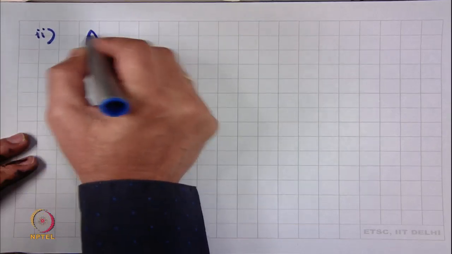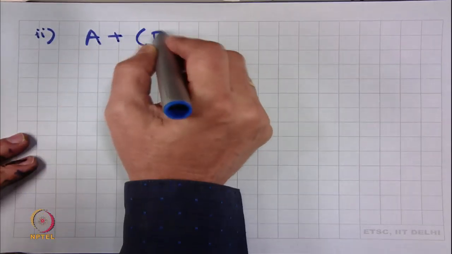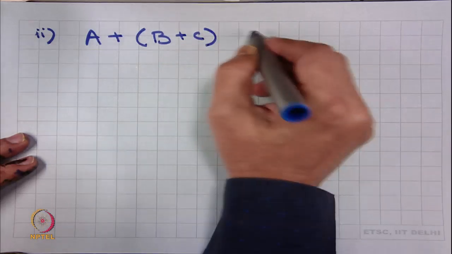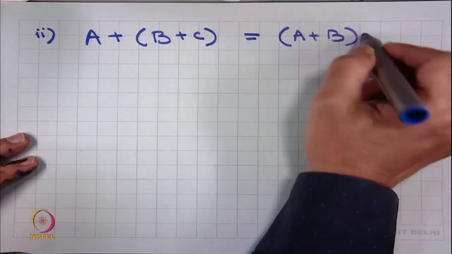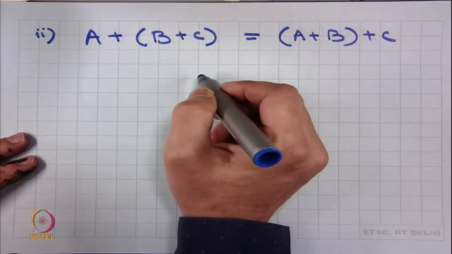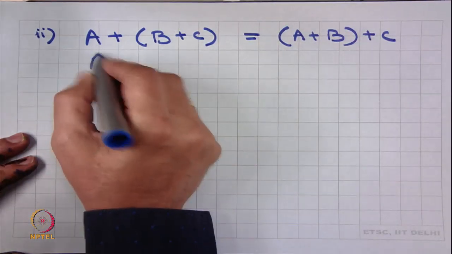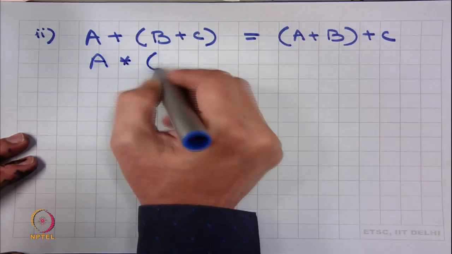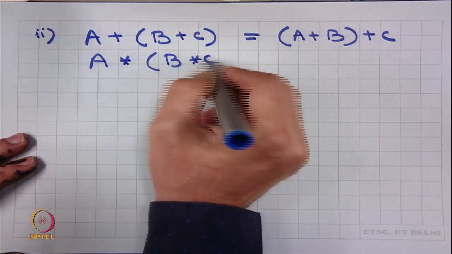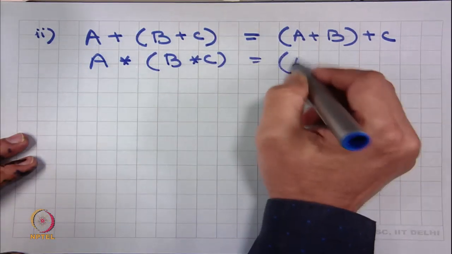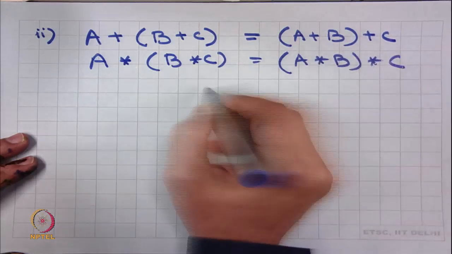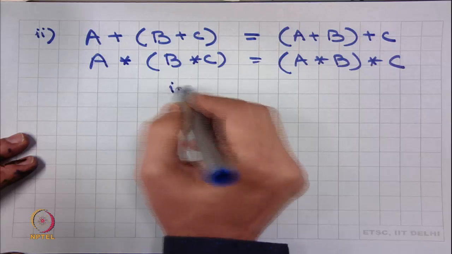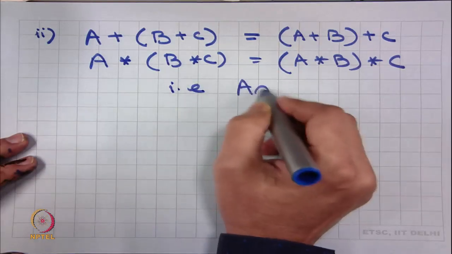Two, A plus (B plus C) is equal to (A plus B) plus C, and A star (B star C) is equal to (A star B) star C. That is, associative.